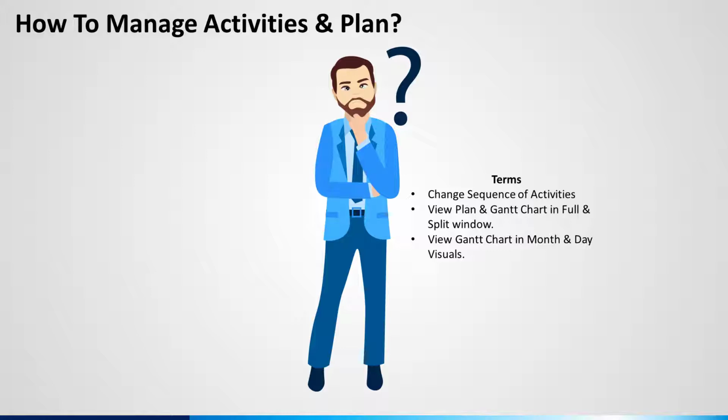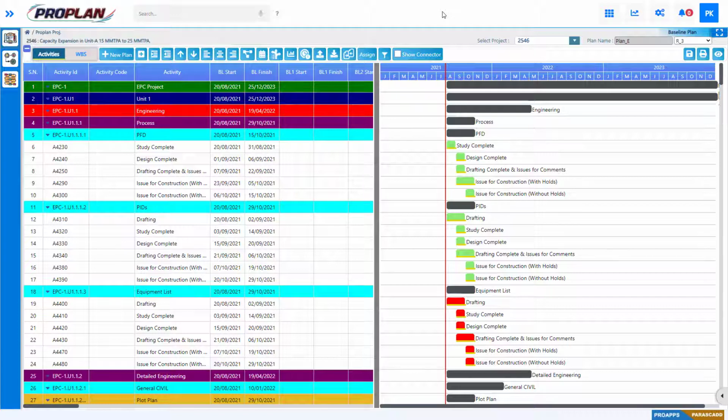How to manage activities and plans. To create a new plan, click on the New Plan button. To add an activity, click on the plus button. To convert activities to WBS and WBS to activities, use the indent and outdent buttons.